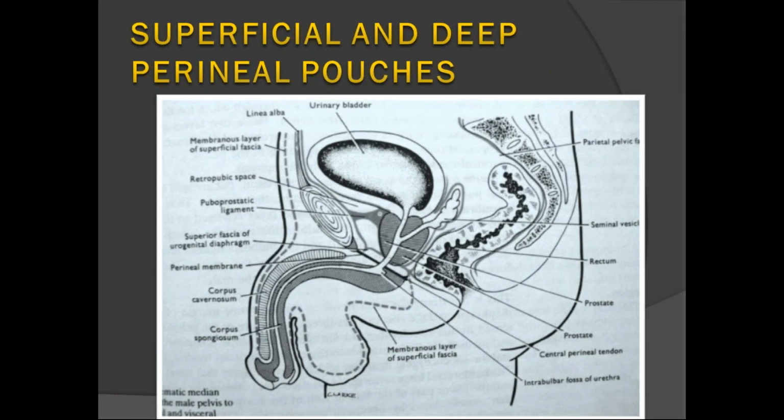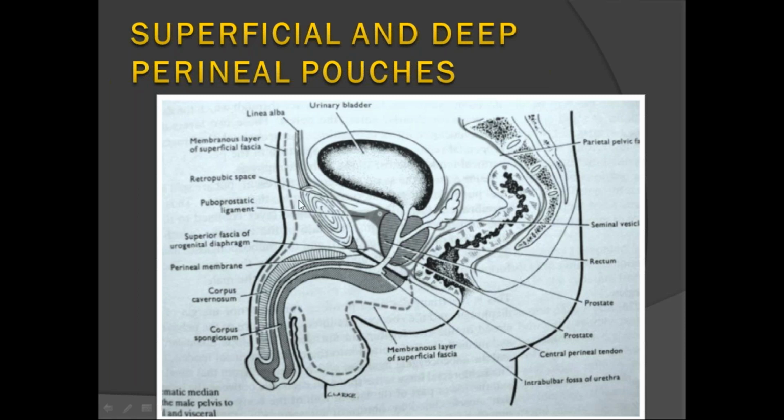So, superficial and deep perineal pouches. This is the sagittal section of the male pelvis seen from lateral view. Here this is the penis, scrotum. Identify this is the bladder, prostate gland, pubic symphysis, rectum, and sacrum.